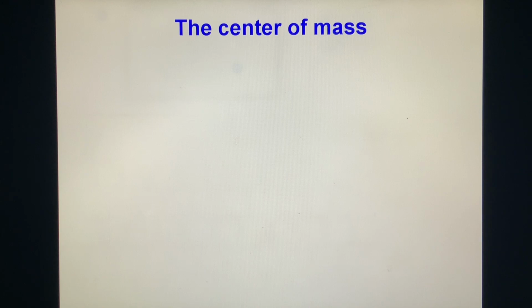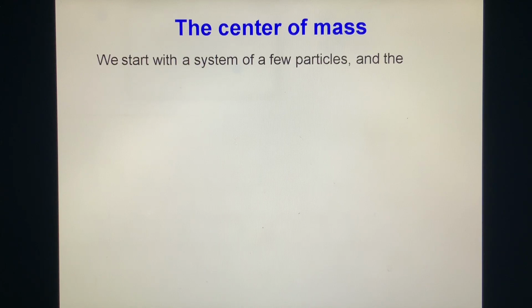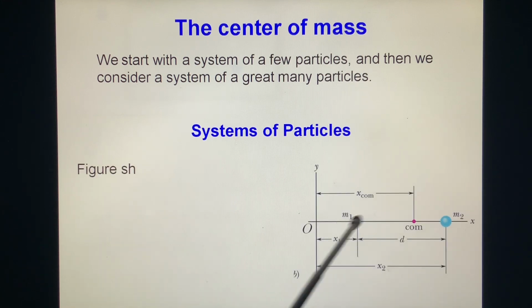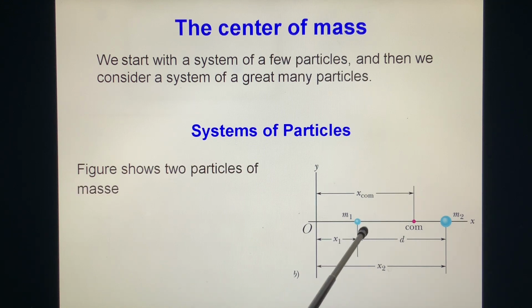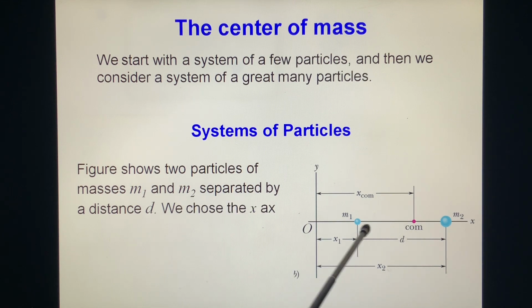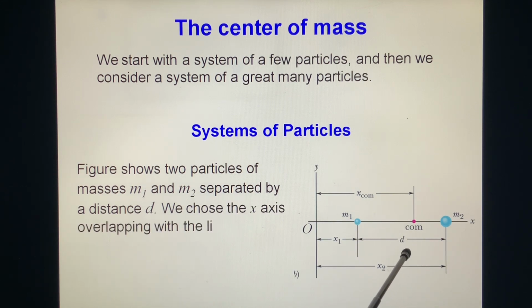Center of mass. We start with a system of a few particles, and then we consider a system of a great many particles. System of particles. The figure shows two particles of mass m1 and m2 separated by a distance d.